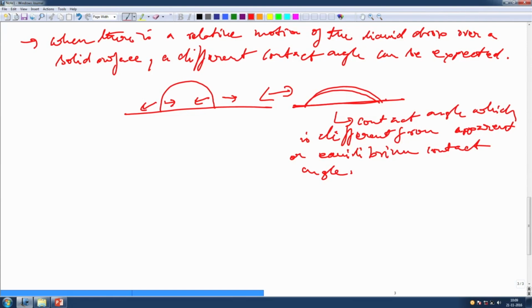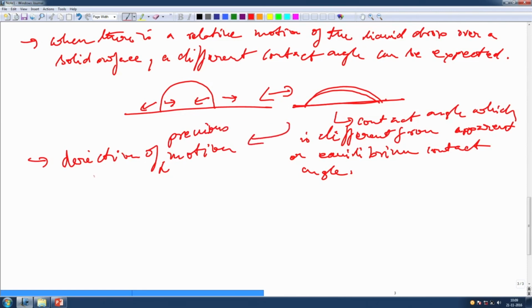This contact angle also depends on the direction of motion of the droplet, that means whether it is spreading or contracting, the direction of the previous motion, that means whether it is advancing or receding.